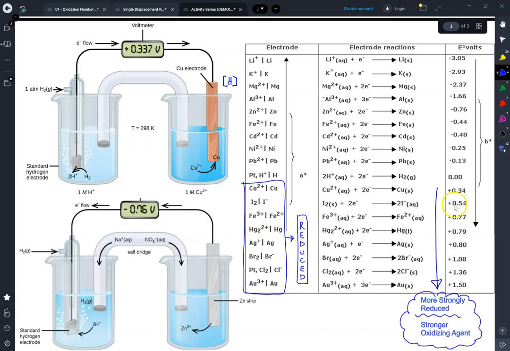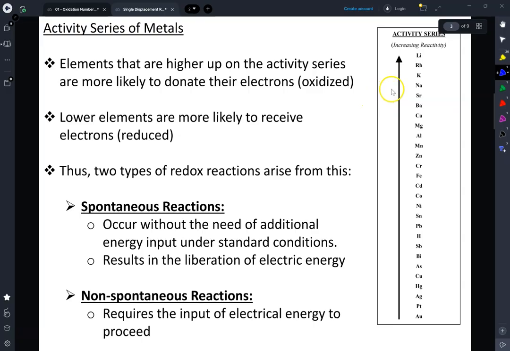By ranking them with increasing voltages, we can determine which elements are more strongly reduced, which ones are more likely to gain electrons, making them stronger oxidizing agents. So gold has a greater affinity or attraction for electrons than, say, platinum or silver or mercury. So once again, elements at the top of the activity series are most likely to be oxidized, so they will lose their electrons.